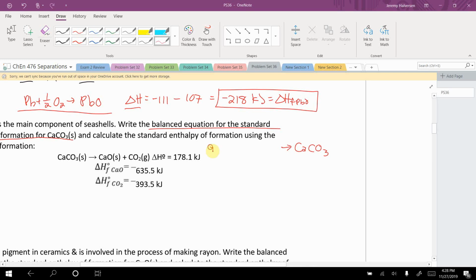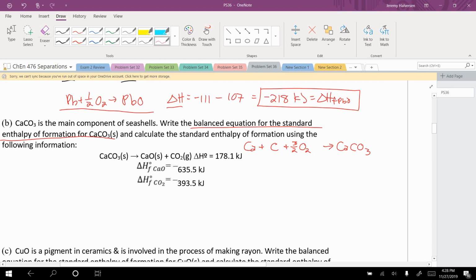So my elements are going to be calcium, and I've got carbon, and I've got oxygen, which in its standard state is O2. One calcium, one carbon, 3 oxygens, which means I need 3 halves of this. 3 halves O2 is just 3 oxygens.